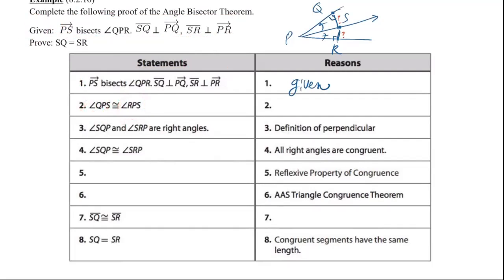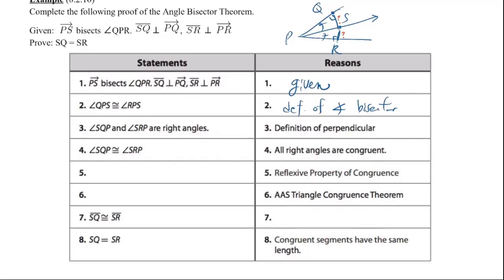Wait, hold on, what is that? QPS looks like this. RPS looks like that. Okay, they're the same. That is because of this, right? So that will be the definition of angle bisector, right? Because an angle bisector divides an angle into two congruent angles, right?